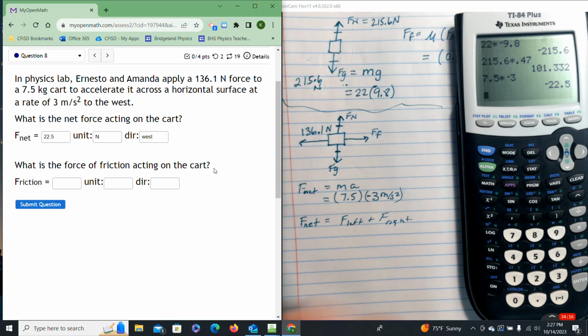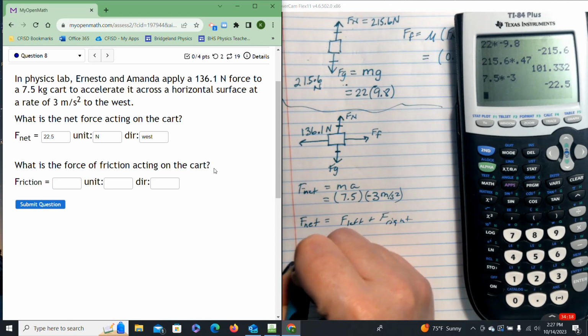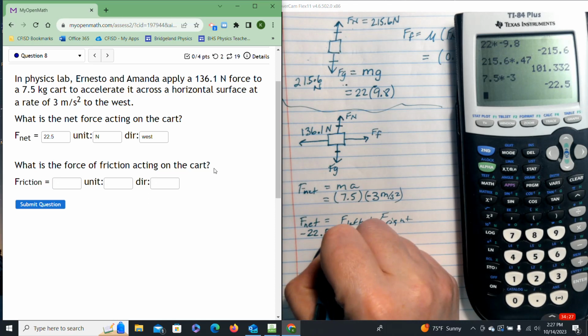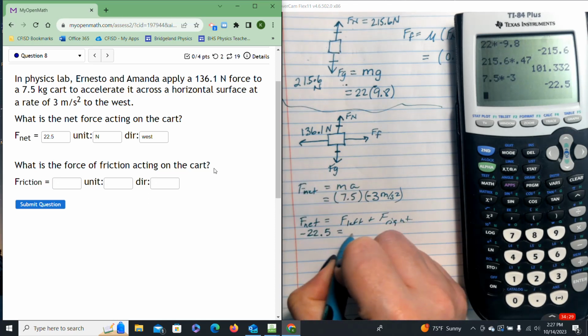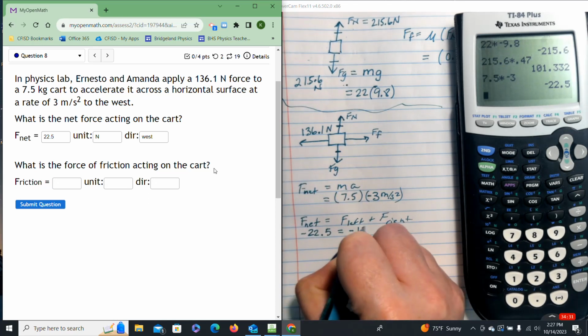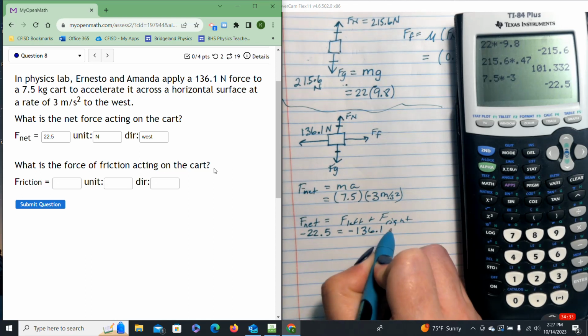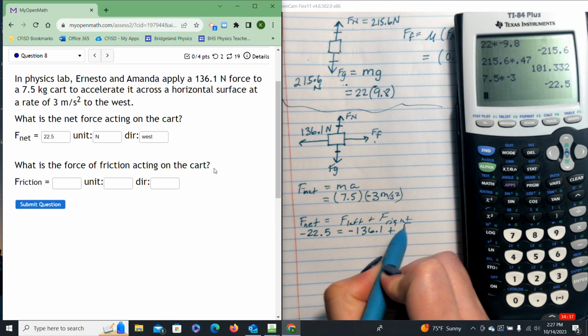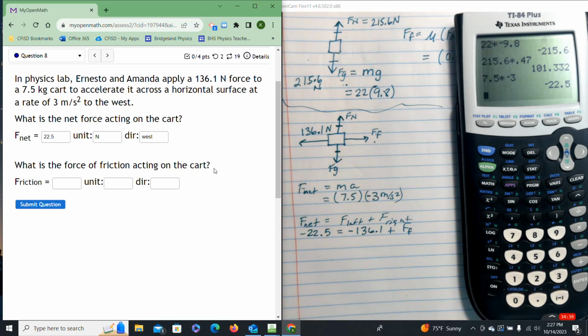Looking at this, my net force, we found it just a second ago, -22.5. Again, remember I'm using the negative sign to indicate to the west, equals my force to the left. I do have one. It is -136.1 plus my force to the right, and that's going to be friction. That's the only force that I have mentioned there. And so I can solve for friction now.